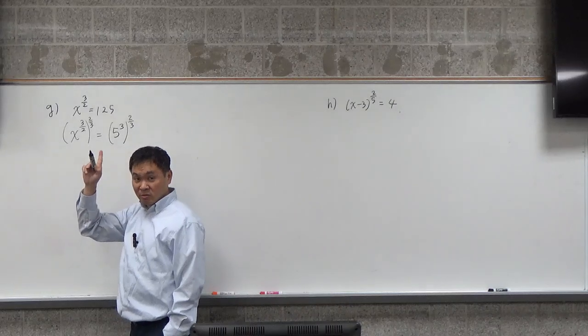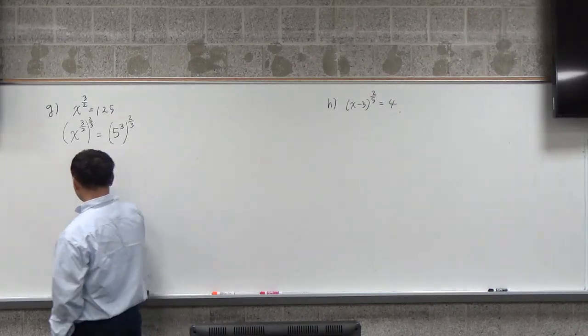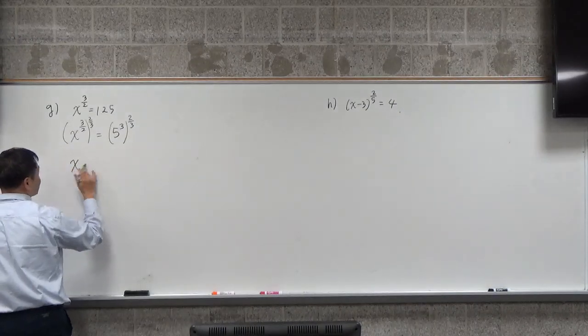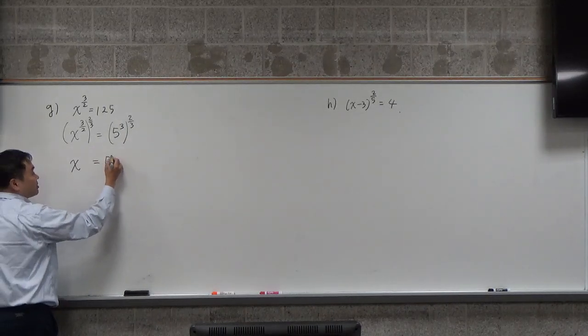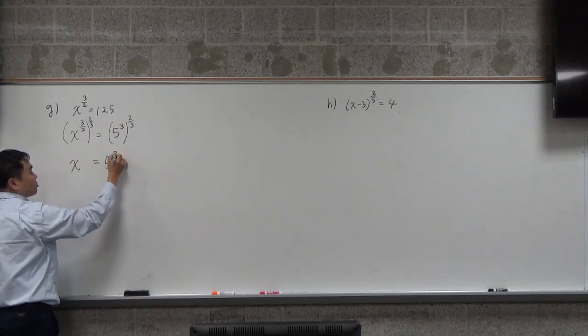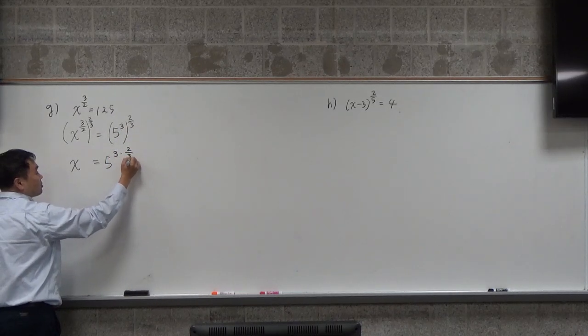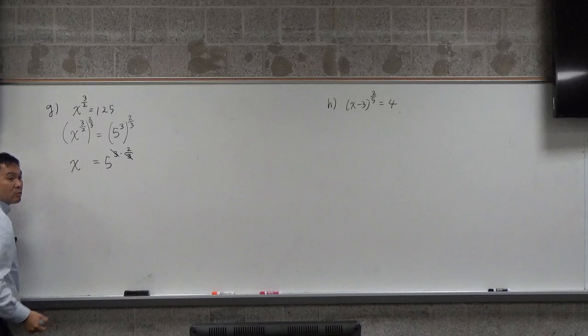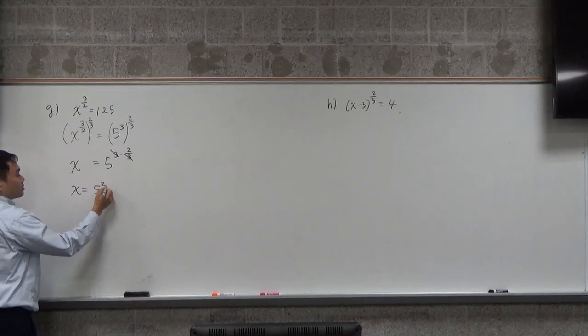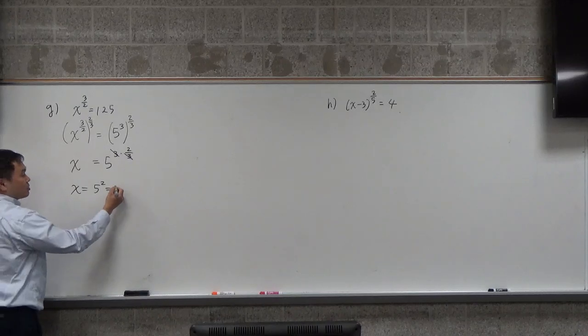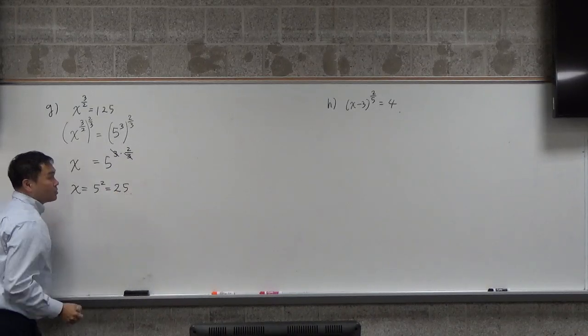And power of 1 doesn't do anything. So you just get x on the left side. On the other side, again, we multiply, so it's 3 times 2/3. And here we see that 3 and 3 cancel, so x is equal to 5 squared. What's that? 25. So that's the answer.